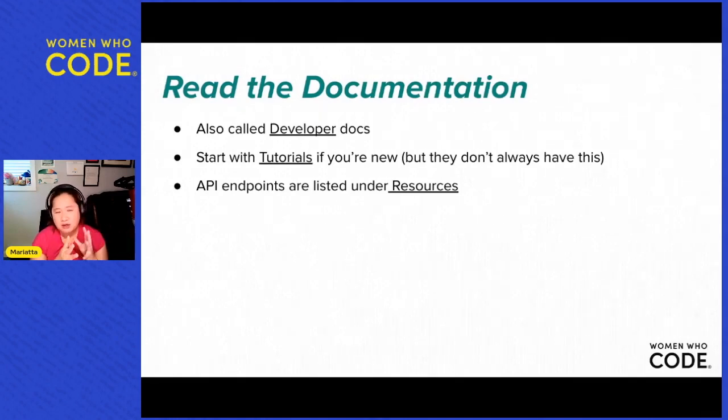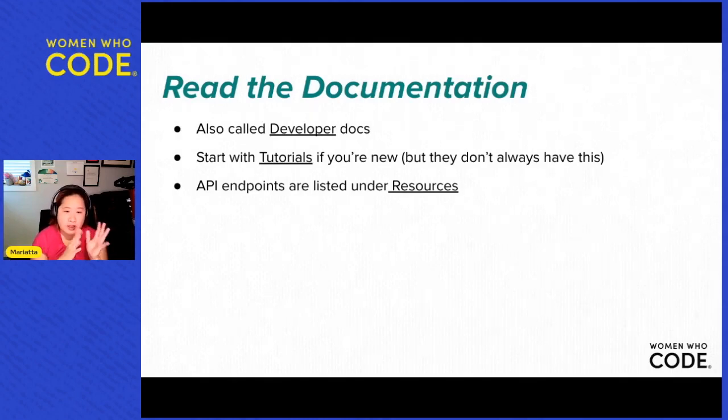But the problem is I found not every provider writes tutorials. Sometimes you may need to look for tutorials elsewhere, not on the service provider itself. If they're good, they'll probably have one. So you may need to read some blog posts elsewhere.